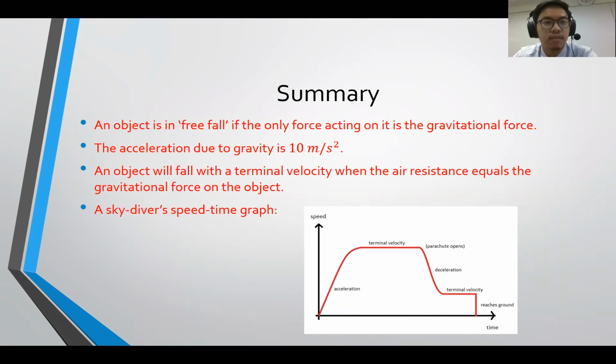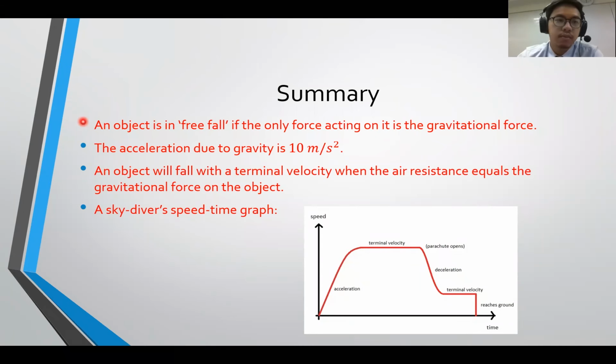This is the last slide for this topic. So to summarize what we have covered for the last 3 video lessons, for this topic there are only 3 video lessons. The first thing you learn is an object is in free fall if the force acting on it is the gravitational force.